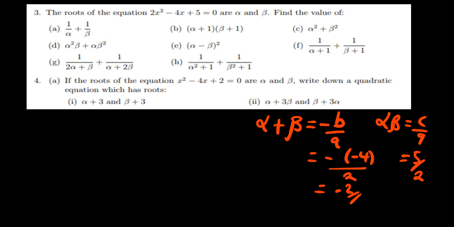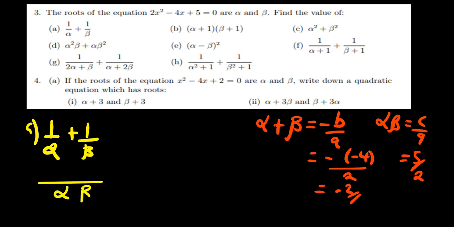Now we have to find 1 over alpha plus 1 over beta. How do you solve this one? Find the common denominator, which is alpha beta. When I divide alpha into alpha beta, I remain with beta, multiplied by what is on top, which is 1.